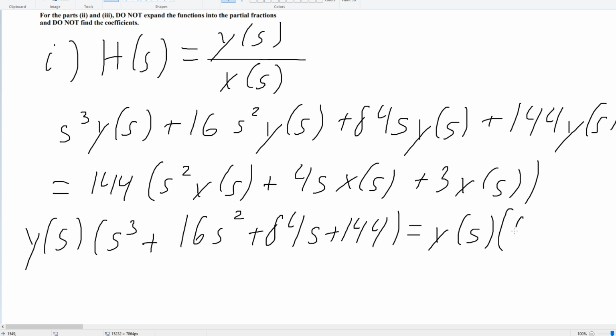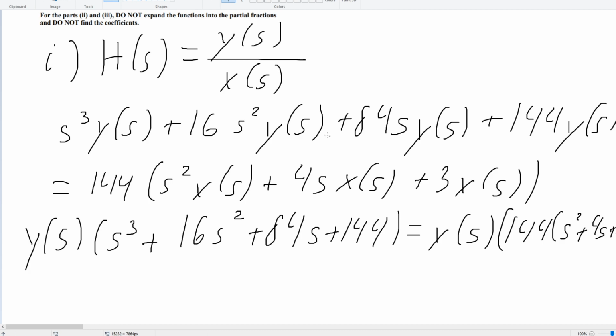X(s) times 144 s squared plus 4s plus 3. All right, so you have your Y(s) and you have your X(s). We just took it out because it was being multiplied by all parts of the equation.